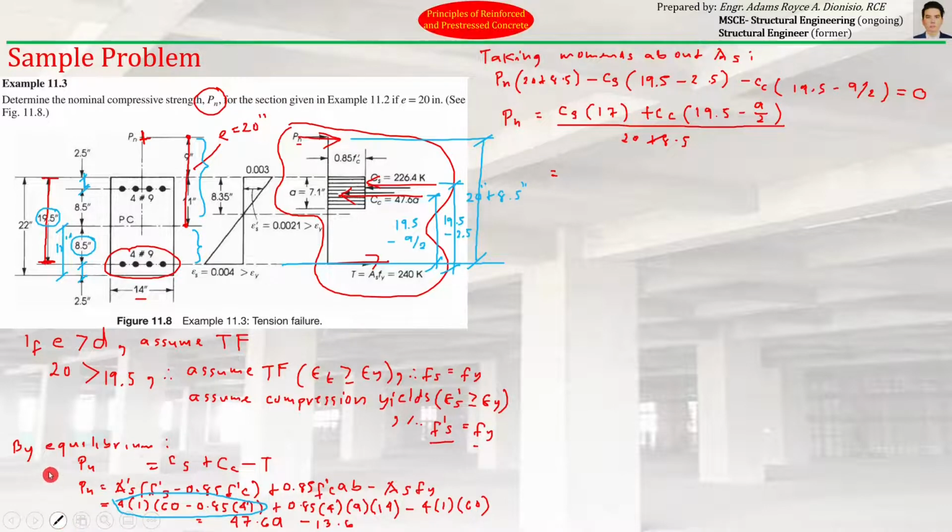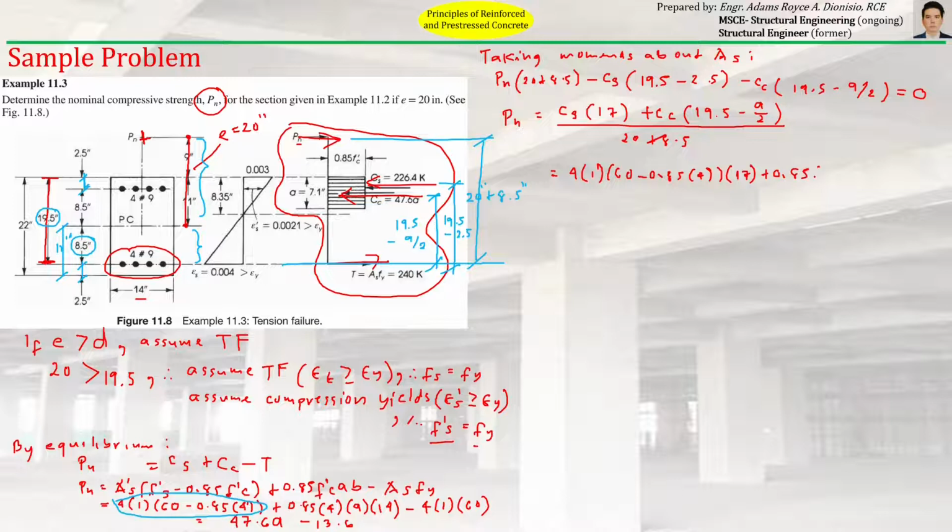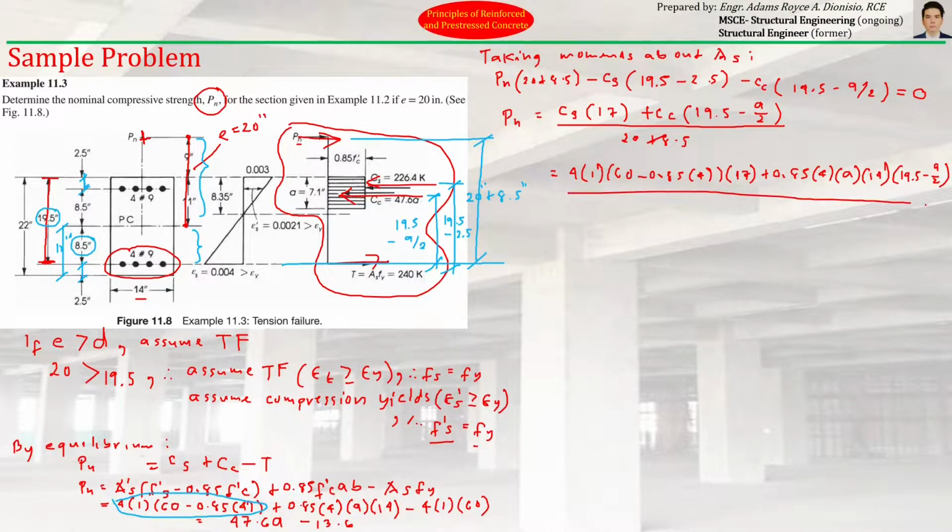CS 4 times 1 times 60 minus 0.85 times 4 times 17 na moment arm plus CC. CC natin ay 0.85 times 4 times A times 14 times the moment arm ng 19.5 minus A over 2 divided by 20 plus 8.5, 28.5.